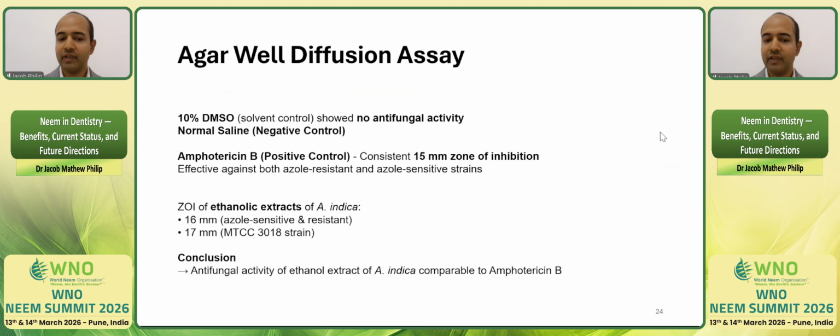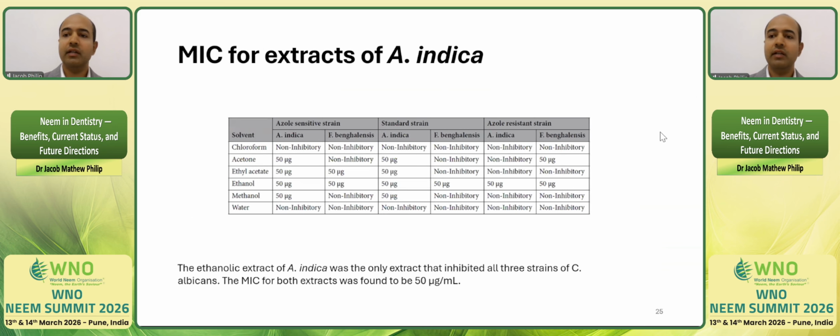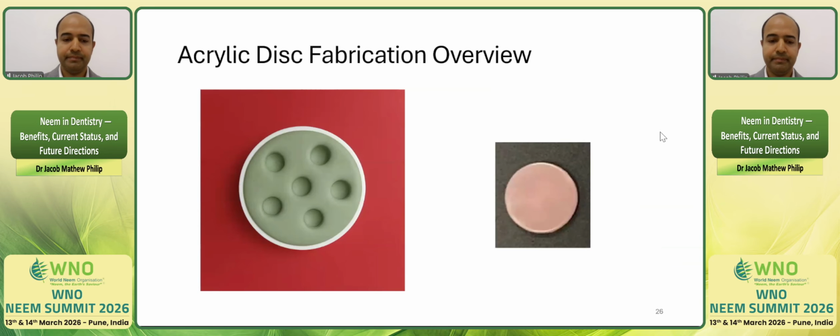So the antifungal efficacy of the ethanolic extract of the neem leaf was comparable even to drugs like amphotericin B. And for the other test, the minimum inhibitory concentration for the various extracts, we found that ethanol was the extract that was able to provide antifungal efficacy for all three strains of the fungus, the susceptible strain, the resistant strain, and the standard strain. And the MIC value was found to be 50 microgram.